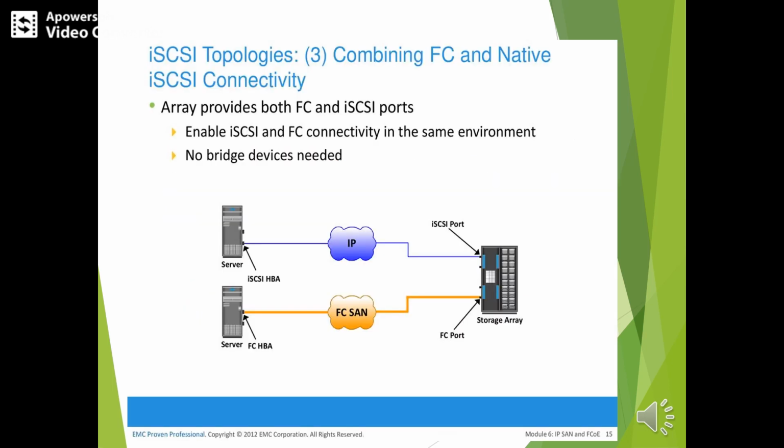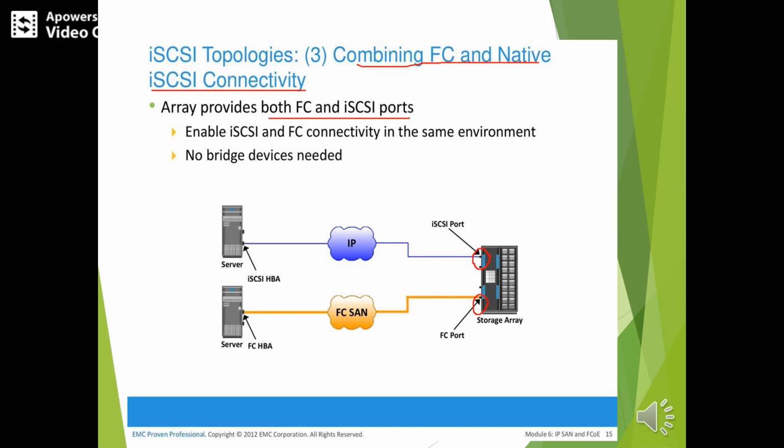So, iSCSI topologies combining FC and native iSCSI connectivity. Here the array provides both FC and iSCSI ports. Here I can observe that this is the iSCSI port, and this is your FC port.